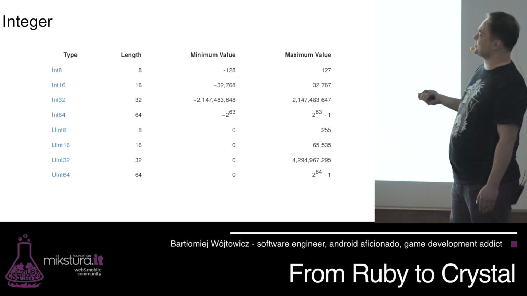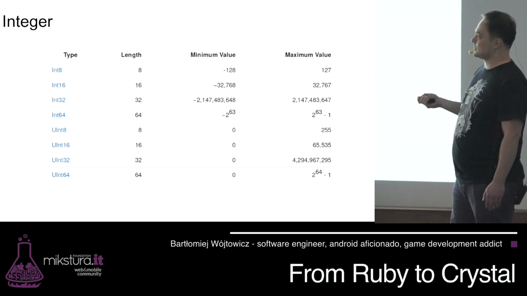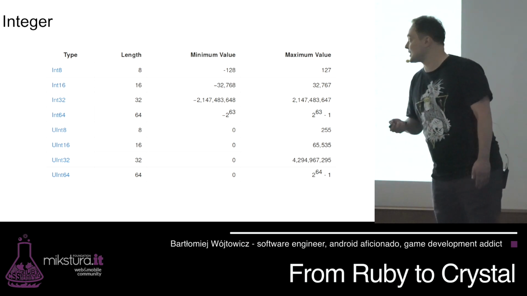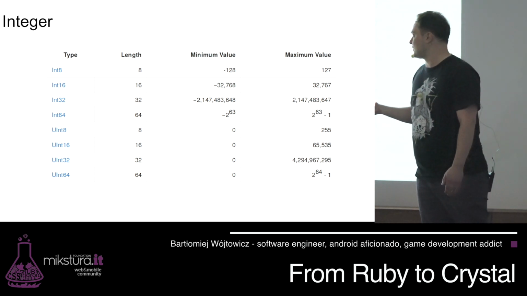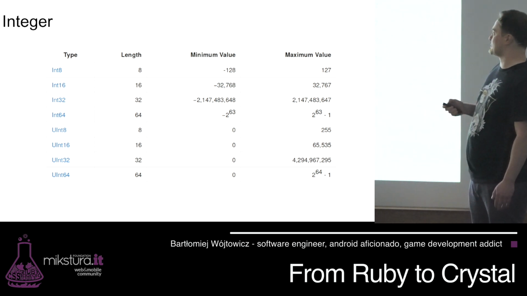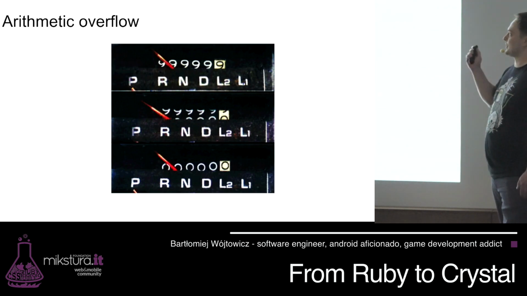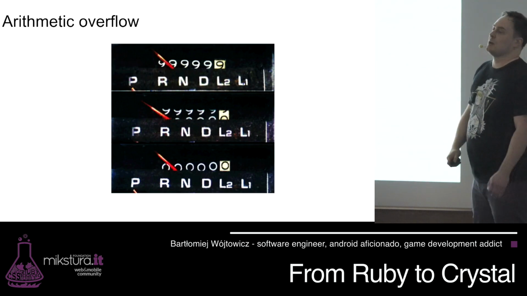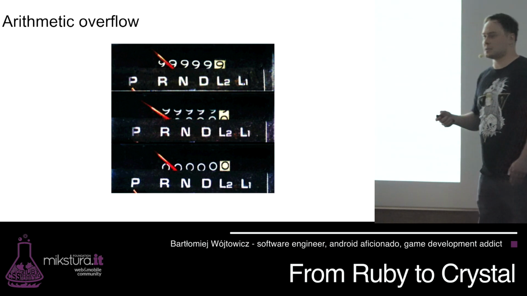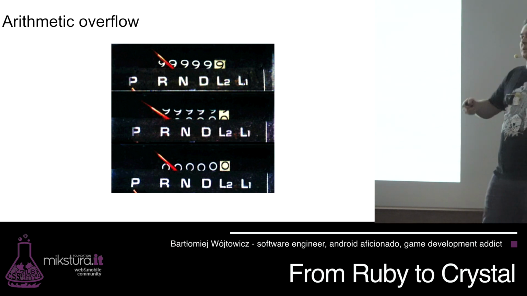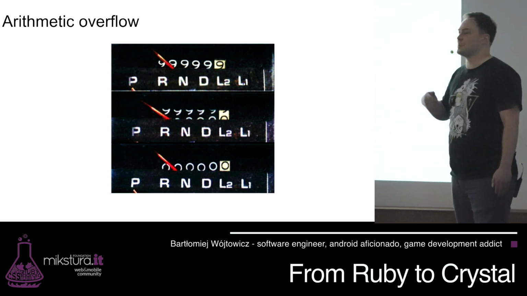So we've got integers that are signed, so they can take negative numbers, and unsigned that are basically 0 to their maximum range. And because of that, in Ruby, the type is automatically changed. So if I exceed my range, it will go to another class. For example, Fixnum will go to Bignum.